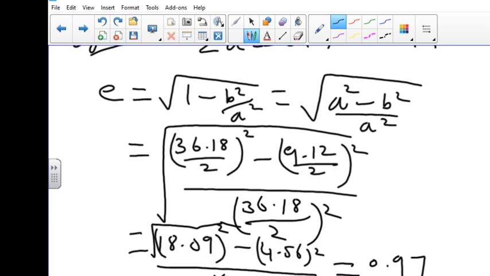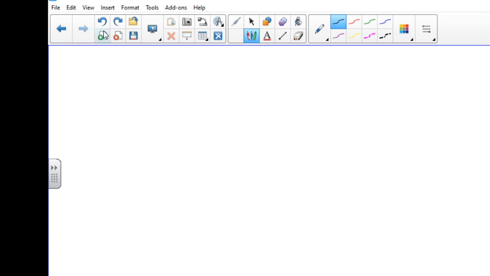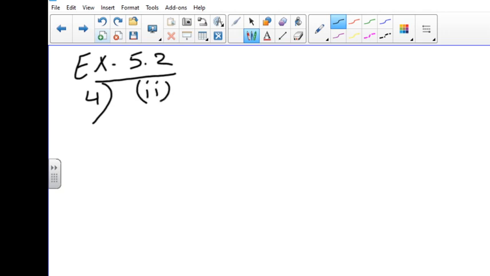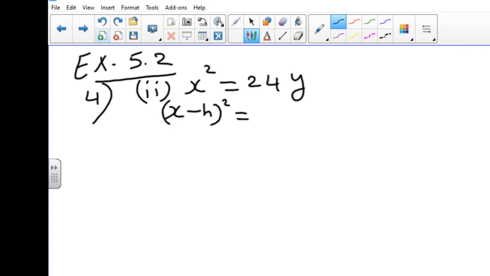Exercise 5.2, question number 4. Fourth question, we'll do the second subdivision first. So what is it? x square is equal to 24y. This can be written as x minus h the whole square is equal to 4 into 6, since 24 divided by 4 is 6, into y minus k.